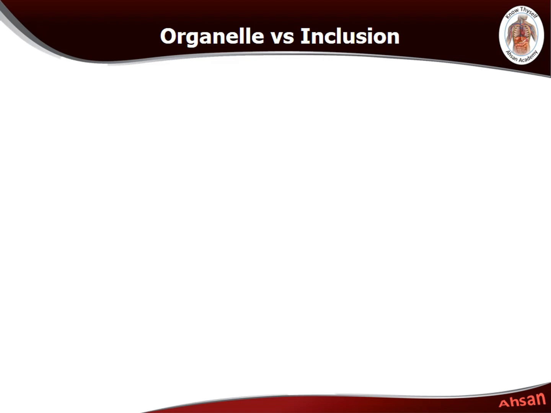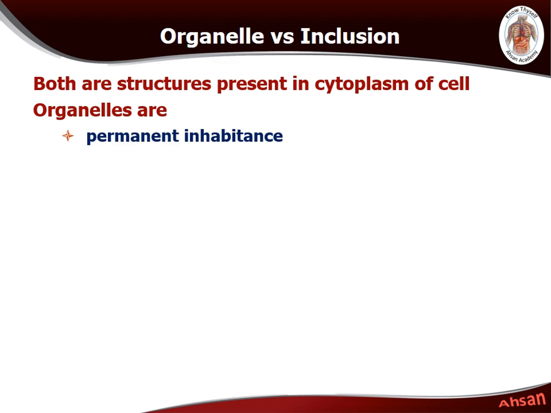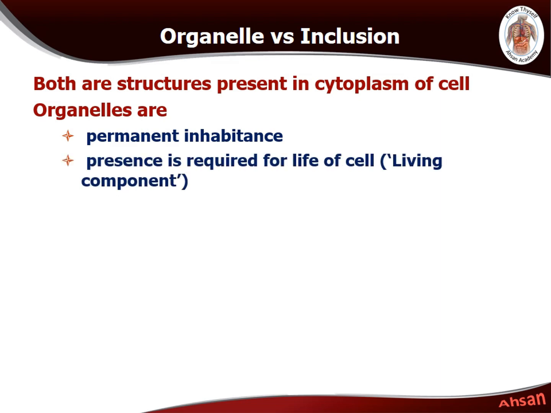Let us differentiate organelles from inclusions. Both are present in the cytoplasm of the cell. Organelles are permanent inhabitants, so they are related to the biological reactions of the cell.